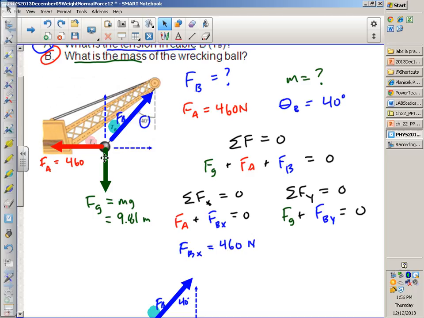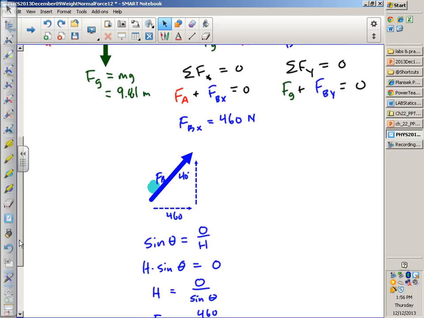But do we know either of these y forces right now? At this point, no. But this y-axis force right here is a component of F_B, right? Going back down to this triangle, we've already figured out that the hypotenuse is 716 and the opposite side is 460.